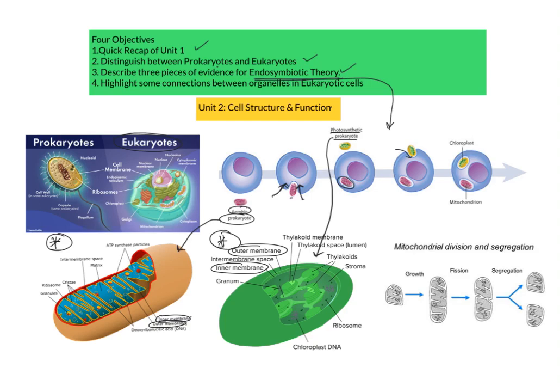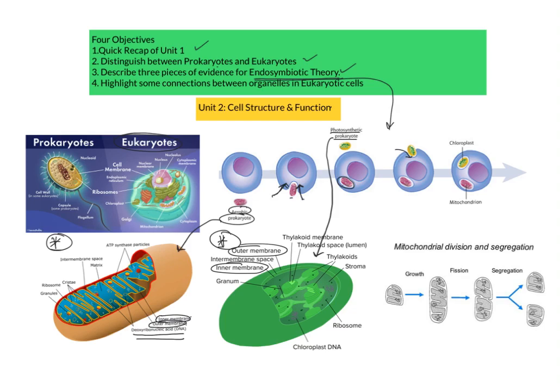The second piece of evidence is that when you look at both of these organelles, what's very interesting is that both contain their own DNA. It's much smaller than the amount of DNA found inside of the nucleus, but it contains DNA that allows for the production of proteins that are needed within that organelle.